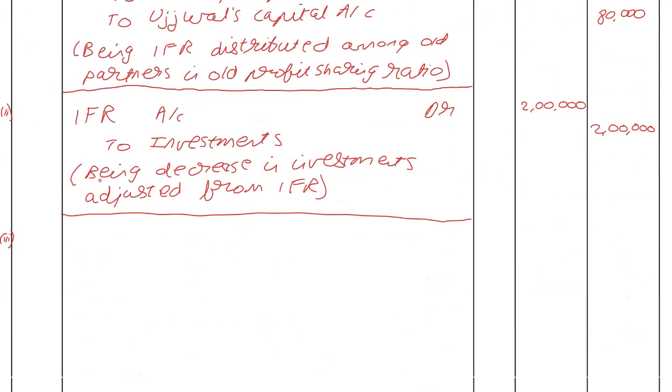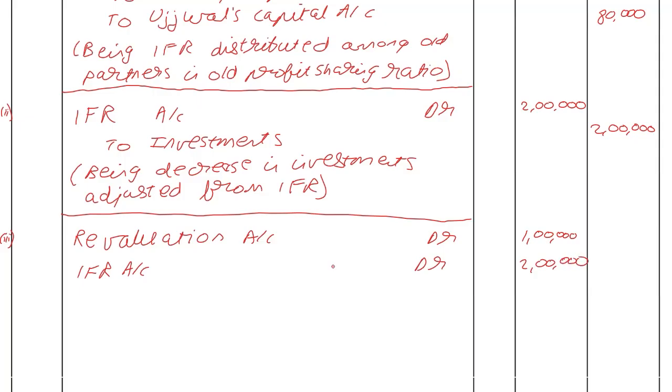Now I can pass the entry. Revaluation account debit, or you can start with IFR, this is up to you. Revaluation account debit is 1 lakh. IFR account debit is 2 lakhs. To investments account, you also use plural, simple, investments account 3 lakhs.